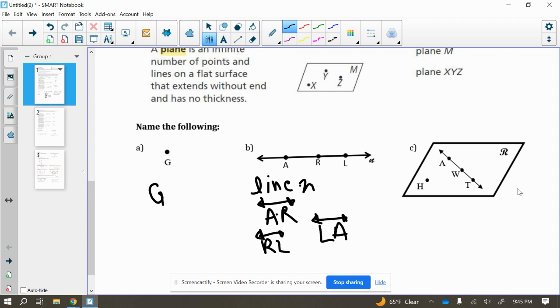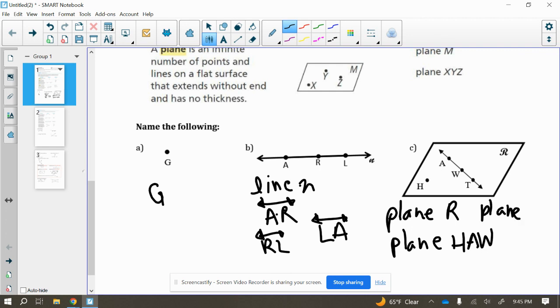When we name this plane, again, we have a large amount of options. For instance, plane R. We could call this plane and use 3 of the points on here. For instance, H, A, W, or we could call it plane T, H, W, something like that.